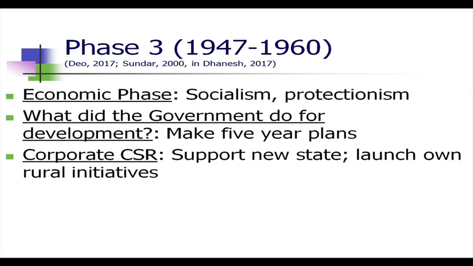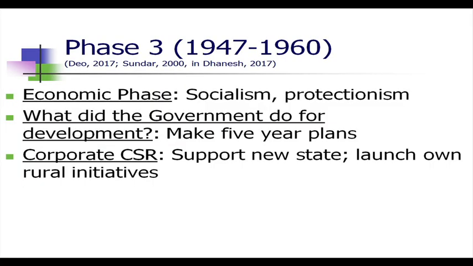So for corporate CSR, anybody who had extra money that they could spare from their businesses was pumping the money into building the country, into supporting anything that went into building the country. And people were also trying to launch their own rural initiatives. They knew that the majority of the Indian population lived in smaller villages.